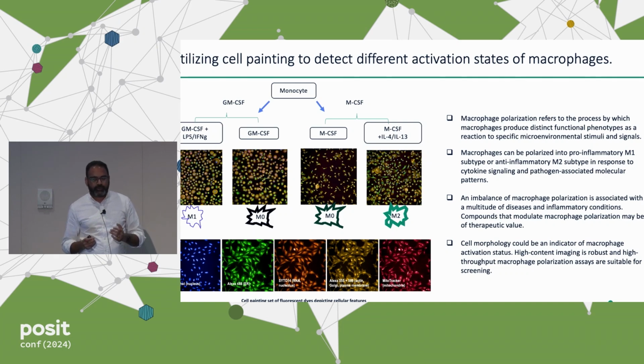And why are we doing this? Well, the idea is that cell morphology, which is a fancy name for the shape, the size, the texture of the cell, tells you what's happening to these cells. So by taking these images and then training a deep learning model, we hope to classify them and find different classes.